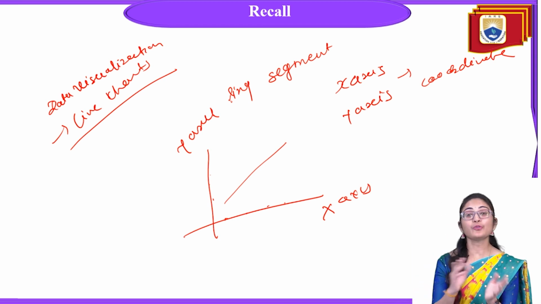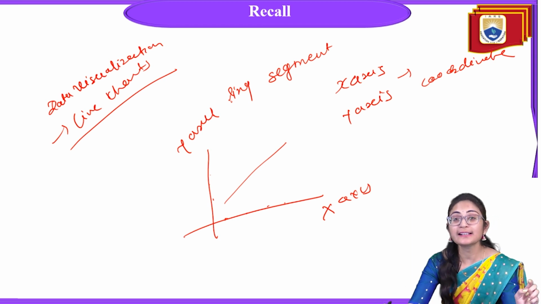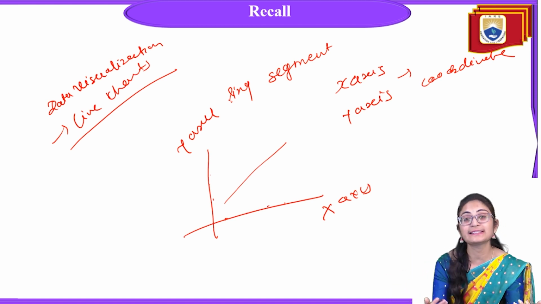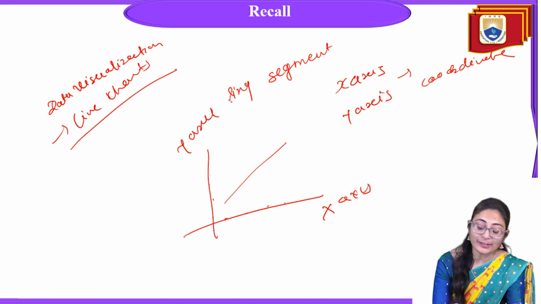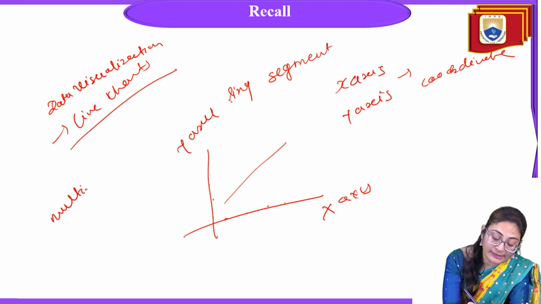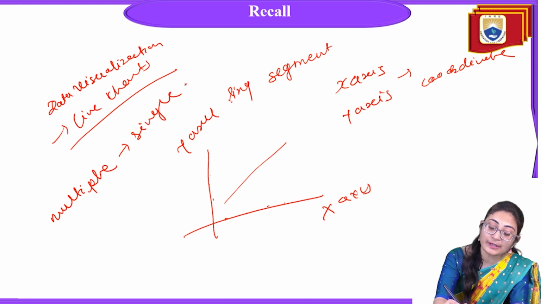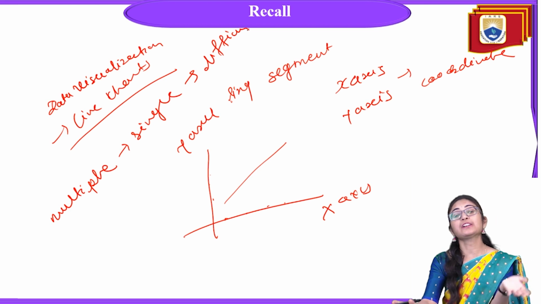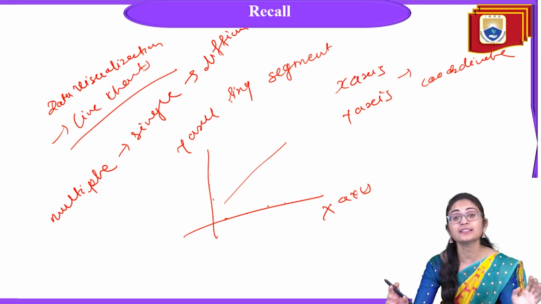Whenever you use a single line graph, it is very easy to understand and analyze. But when you use multiple lines in a single graph, it can be very difficult to analyze the data and the pattern.